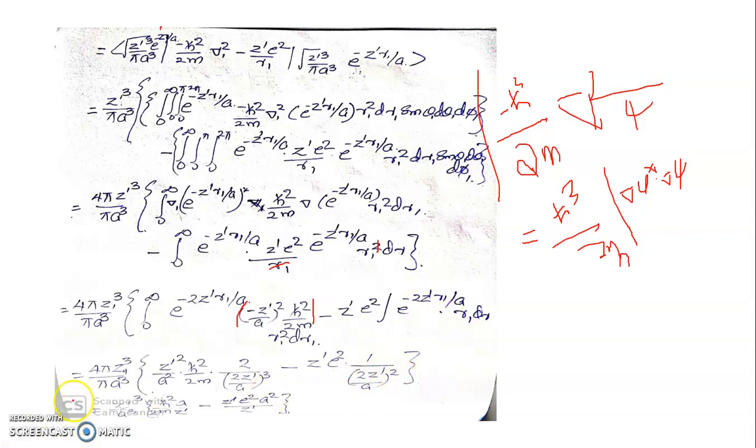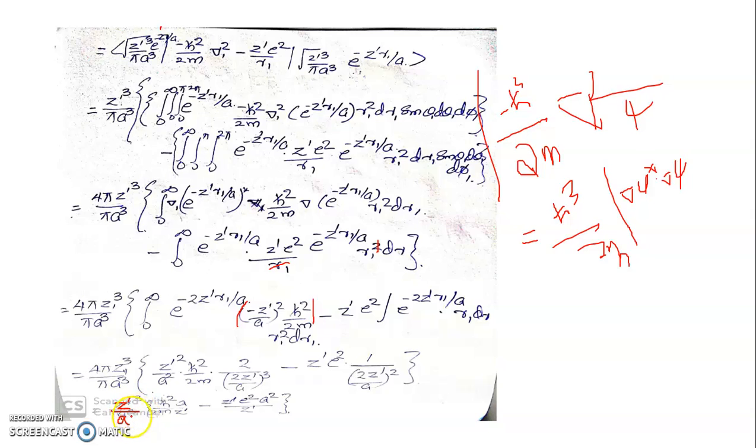Now this pi has vanished. I'll be taking 4 into the bracket. So what remains is z prime cube. Apologies for the limited resources we do have; we will have to make use of these apps every now and then.